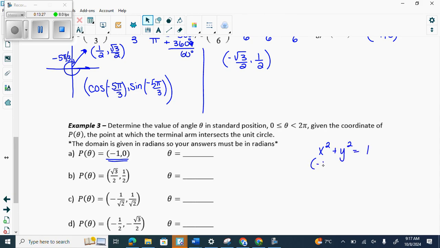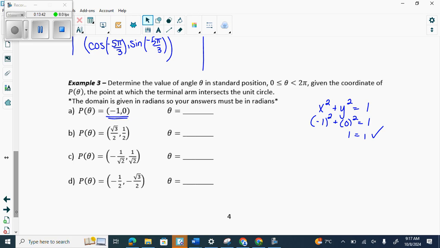And if I go negative 1 squared plus 0 squared, 1 equals 1, that is a coordinate on the unit circle. Yes? Because if I plug in an x and a y, it should equal 1. Do we agree? So these coordinates, when I plug them all in, will get me a coordinate on the unit circle, which it does tell me.